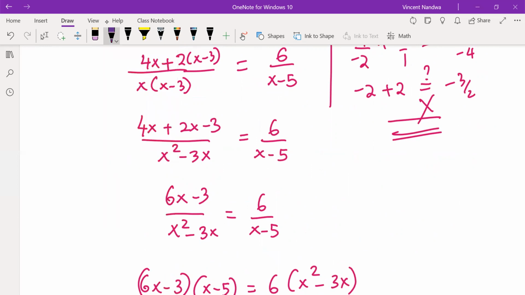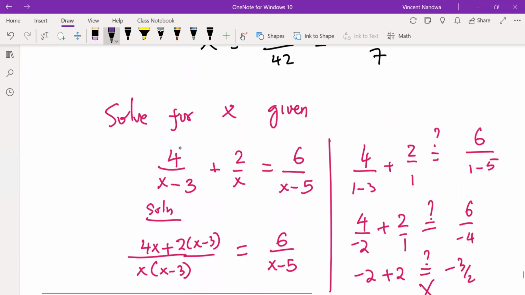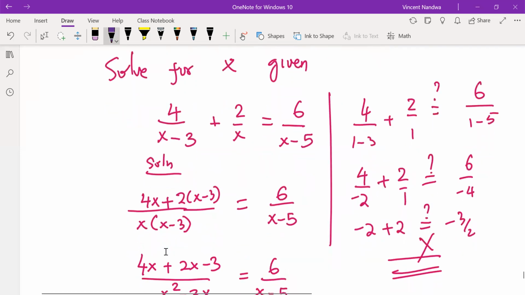So step 1 was to multiply. So you have x and x minus 3. So LCM is x times (x minus 3). So 4 into (x minus 3) into this is x. So 4 times x is 4x. So that's fine. And then we have 2 into (x minus 3). And then we have 6 over x minus 5.